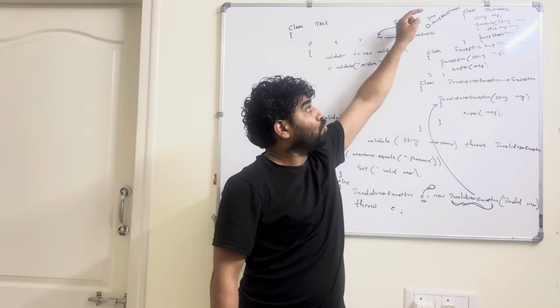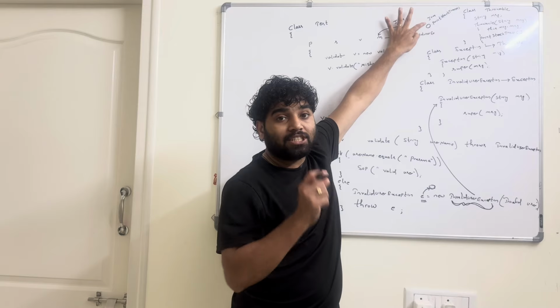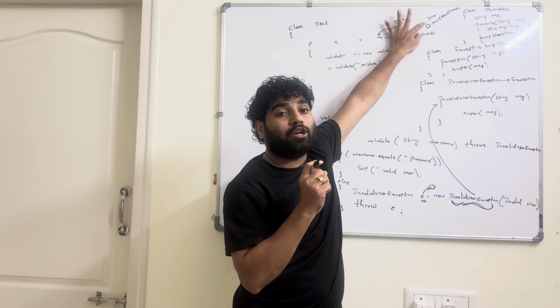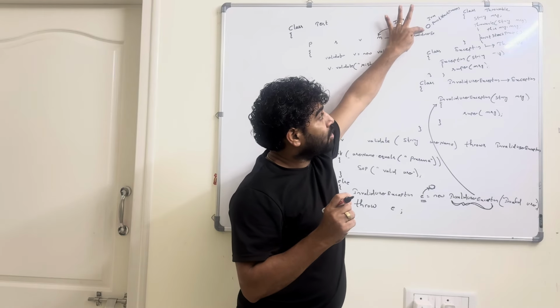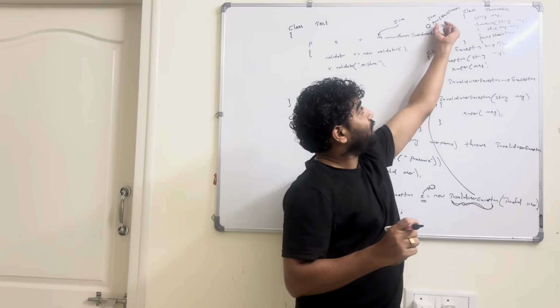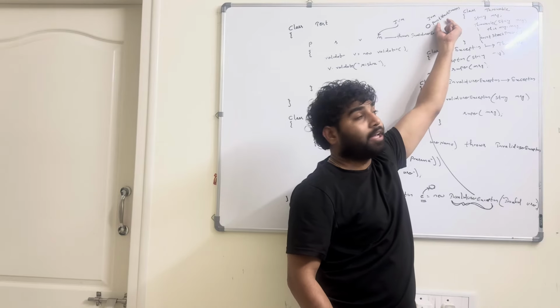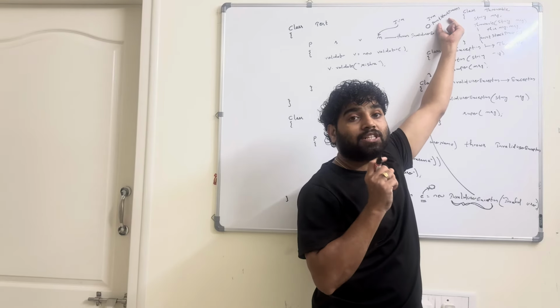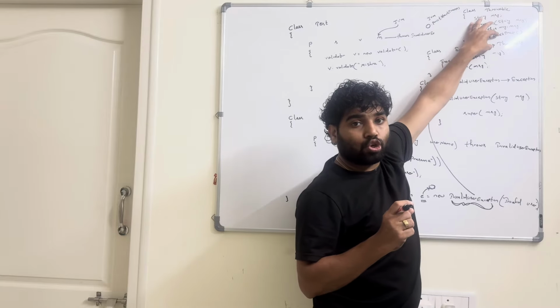What this JVM default exception handler will do is, on top of this exception object, call the print stack trace method, which is there in the throwable class.